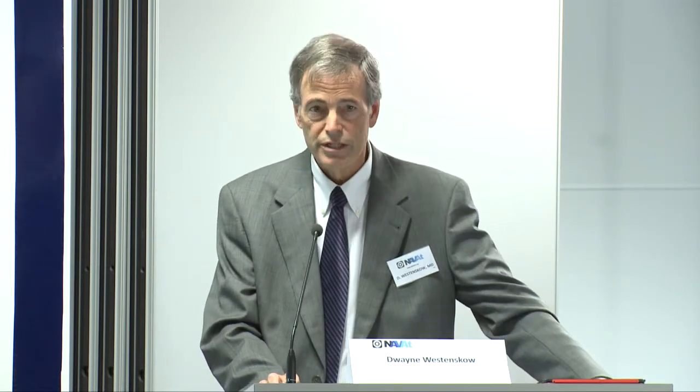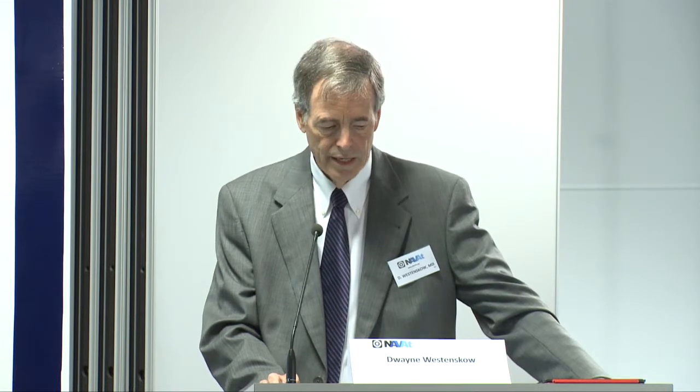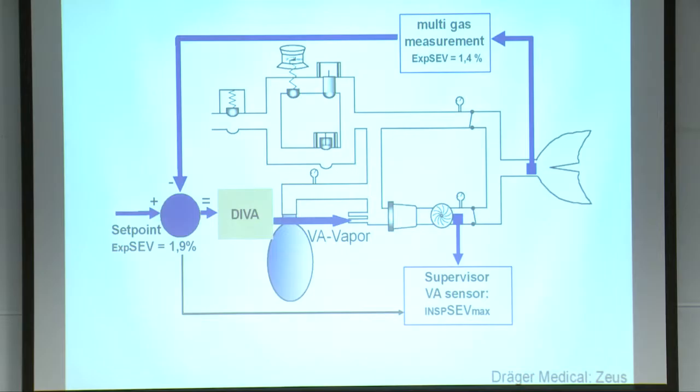Over the years now, this closed circuit has been enhanced by the introduction of gas monitoring, where the inspired or expired end tidal concentration of the anesthetic agent is measured, and that signal is compared with the reference to a gas delivery system, the DIVA by Draeger, into the closed circuit.